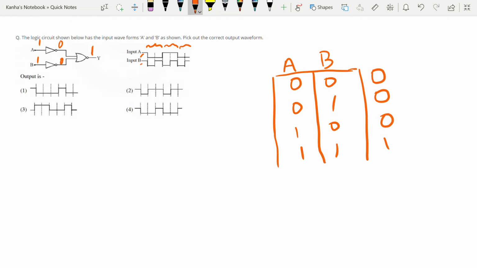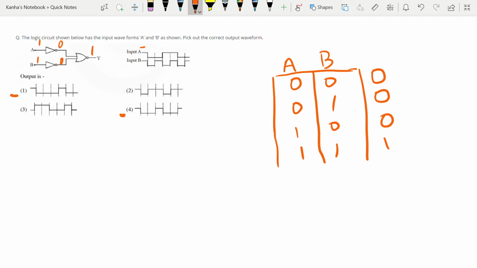So if I start with this part, for this part both A and B are 1, so your answer will be 1. So you are supposed to get a high value.